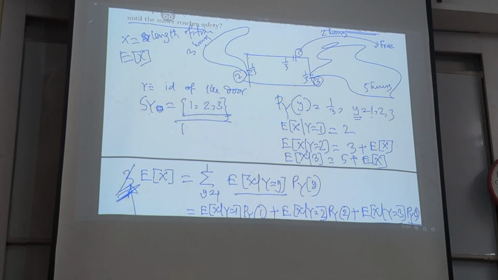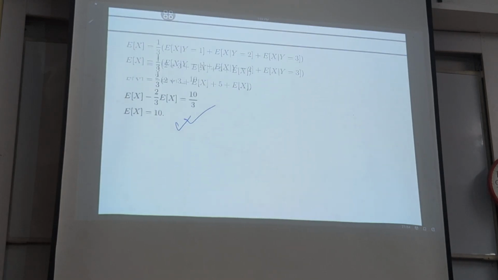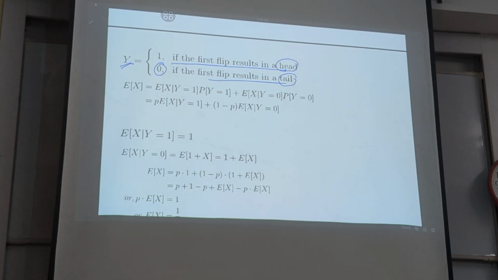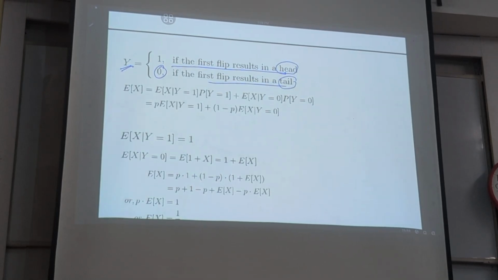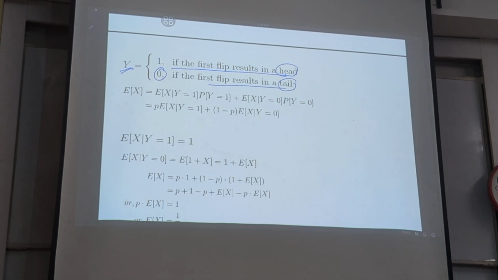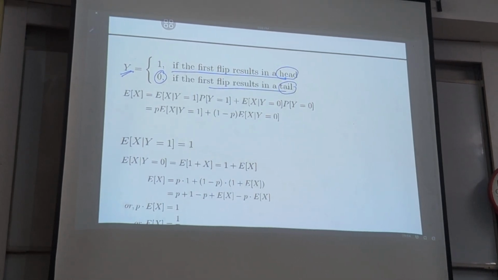You can have 100, 200, and 300. Is it okay? Because you just need the probability that Y has a particular value. You are not dependent on the exact value of Y. That's why, let's assume Y is 1 or 2. Y represents whether the first toss produces a head or not.